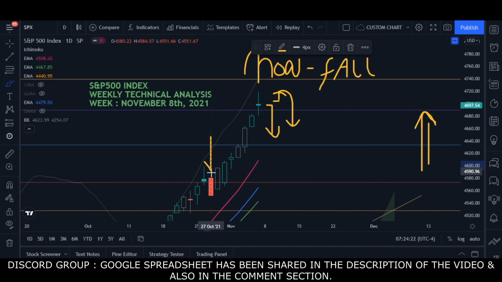If you see this particular red candle, this is the second scenario. On October 26th this candle was formed, and then on October 27th the market moved up a bit and then came down heavily. So these are the two scenarios expected to happen.